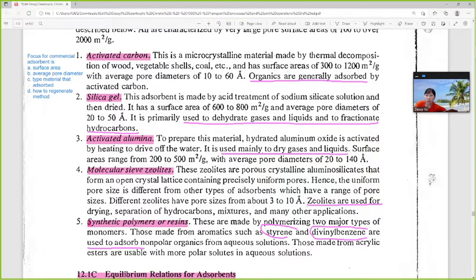This is a microcrystalline material made by thermal decomposition of wood, vegetable shell, coal, and others. This is the common one.